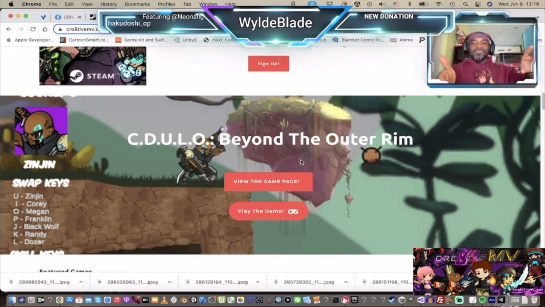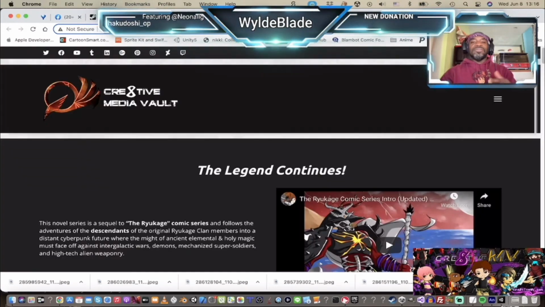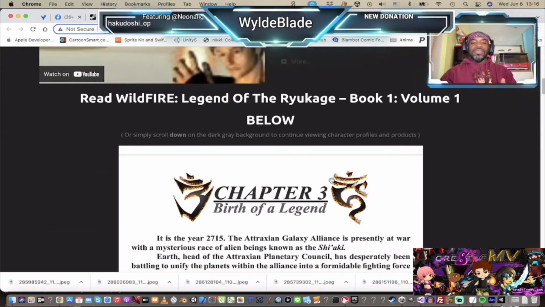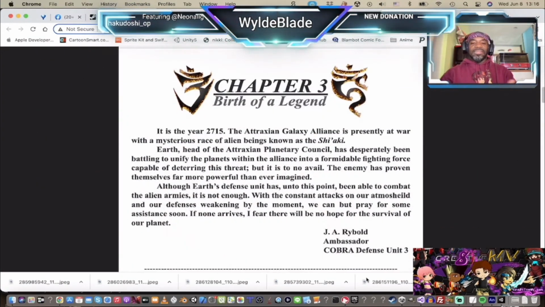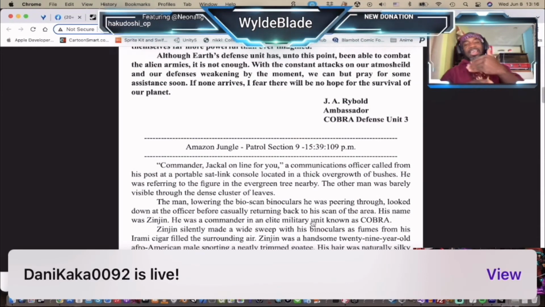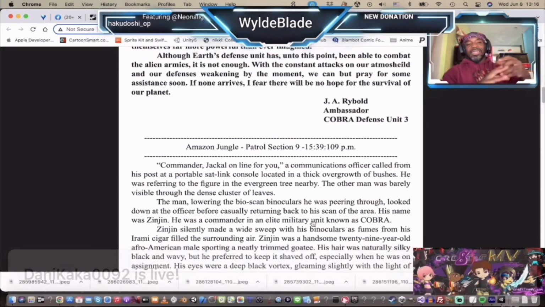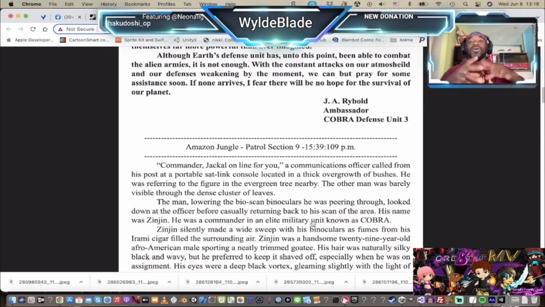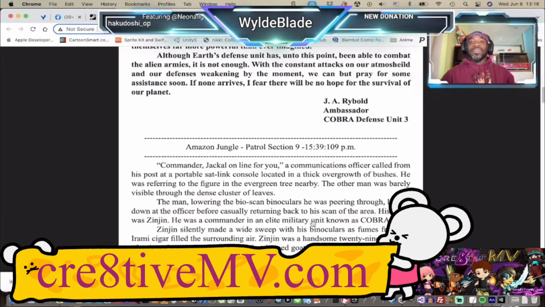Then, after the events of this game, it skips to chapter three of the book, and this is where we pick up with some of the characters that you'll be playing in this game, and you'll find out what happens to them. And then after that, it skips to their descendants, who are the main characters, the WildFIRE cast.